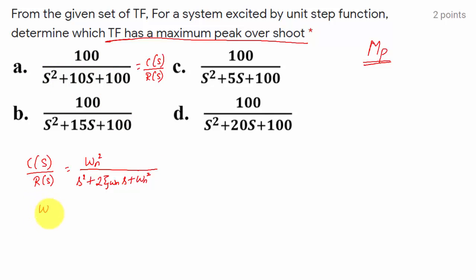Now let me consider the first option. The value of omega n square equals 100, so omega n is 10 radians per second.